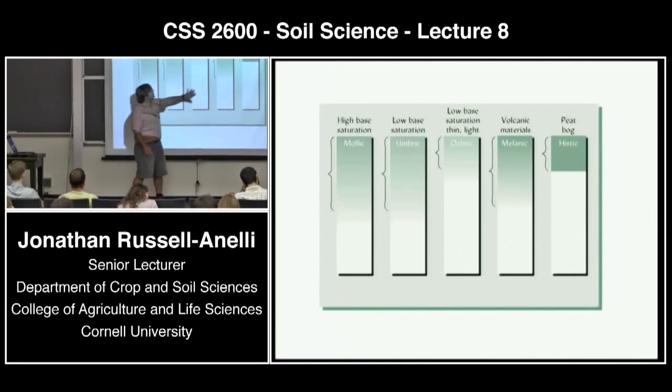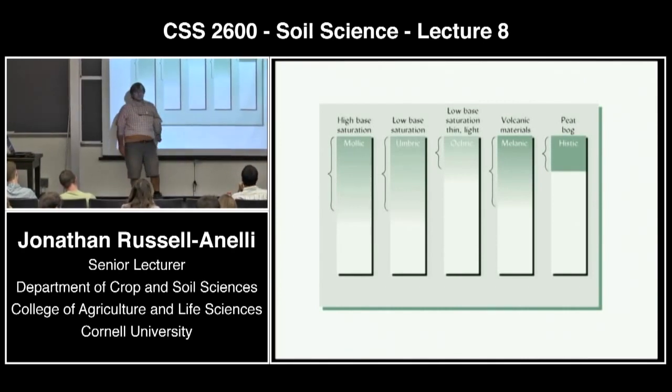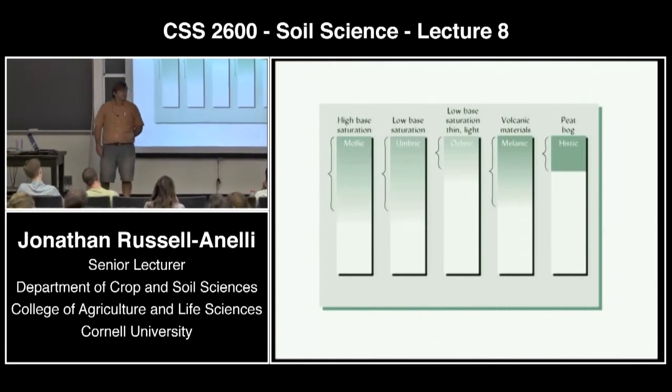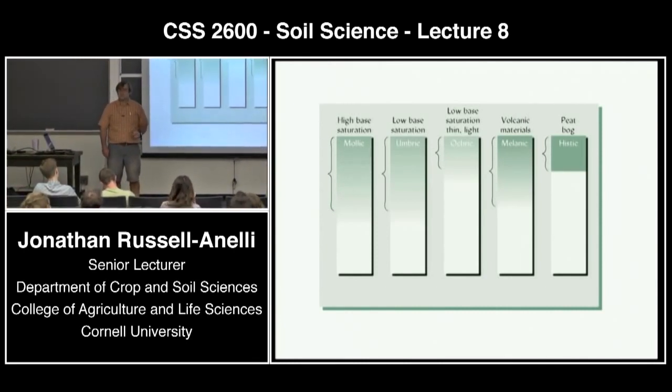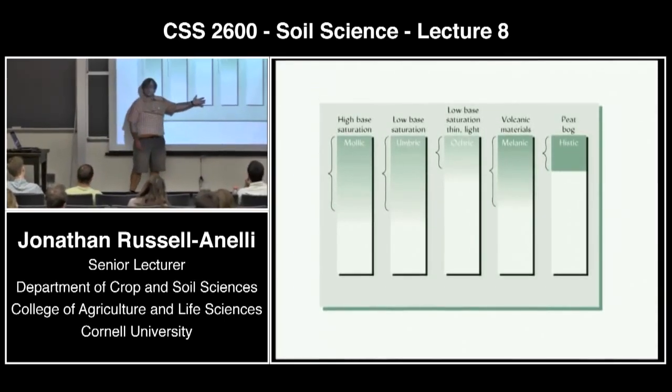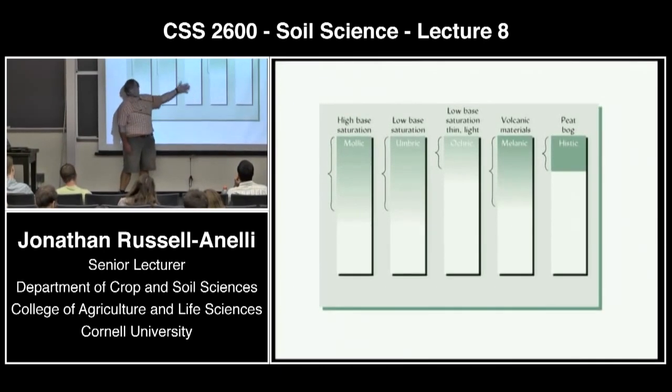If I have an ochric, low base saturation, thin, light. Any ideas? Thin, light is really the operative term here. Potentially, but I'm actually thinking along the lines of inceptisols, but it has that low base saturation.